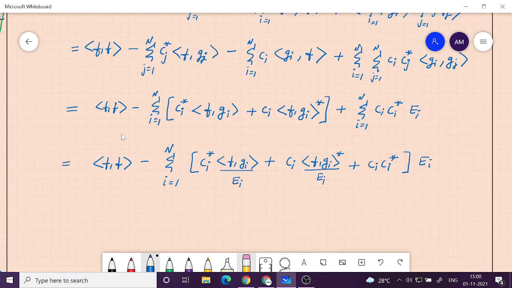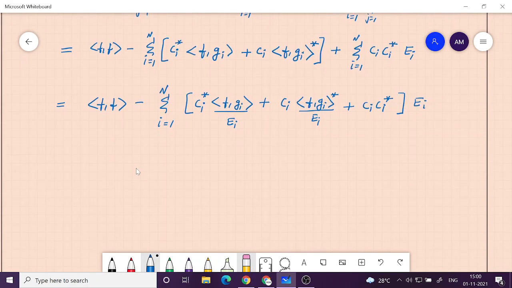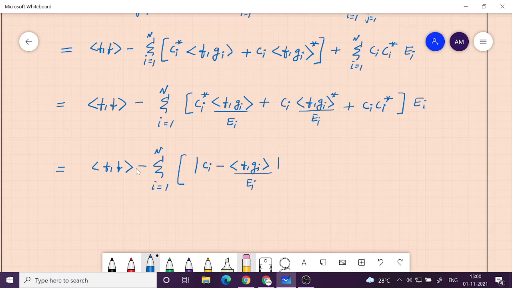That is, I am going to get rid of these complex coefficients ci star by carefully writing whatever is in the bracket as modulus ci minus f comma gi by ei, the whole square, and there is a fourth term which I need to subtract, which is the square of this: modulus f comma gi squared by ei square.